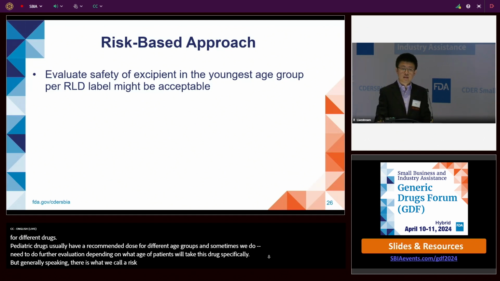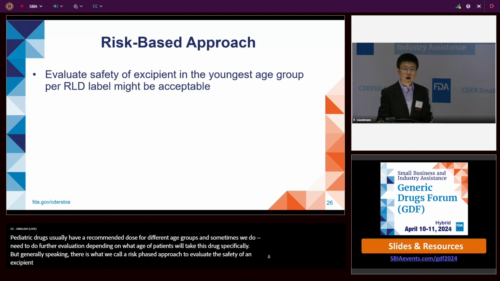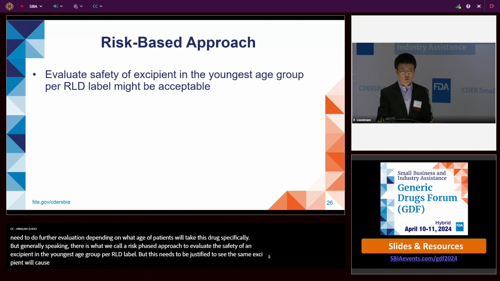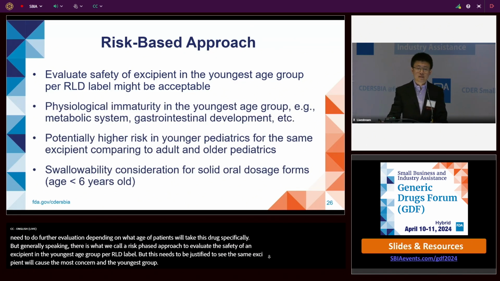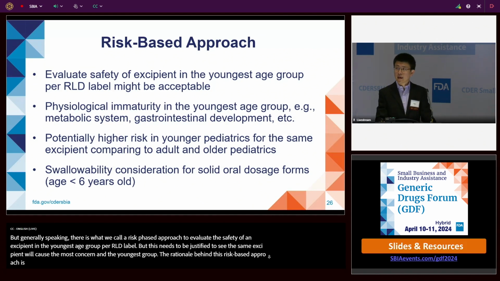That is to evaluate the safety of an excipient in the youngest age group per the RLD label. However, this needs to be justified, to show that the same excipient will cause the most concern in the youngest group. The rationale behind this risk-based approach is that the youngest age group is usually the most vulnerable group.